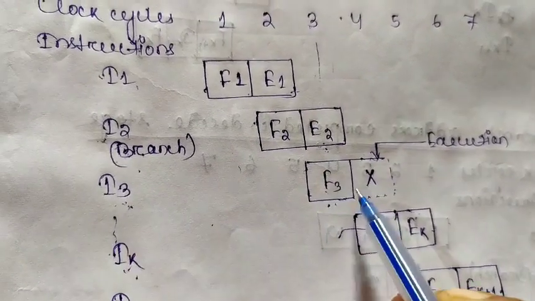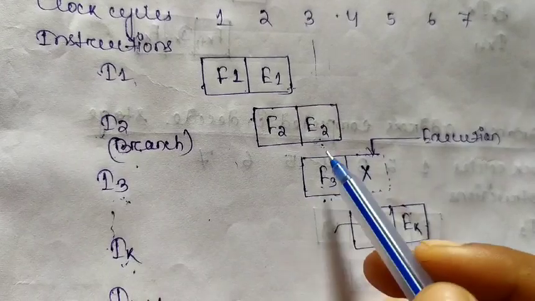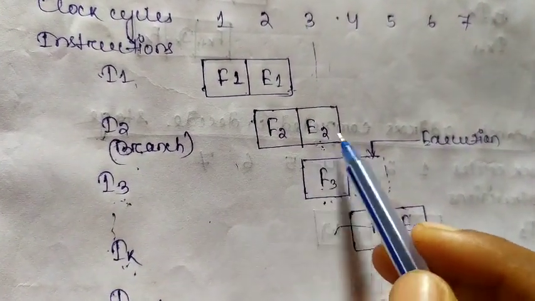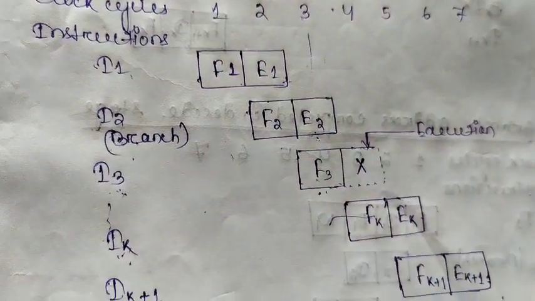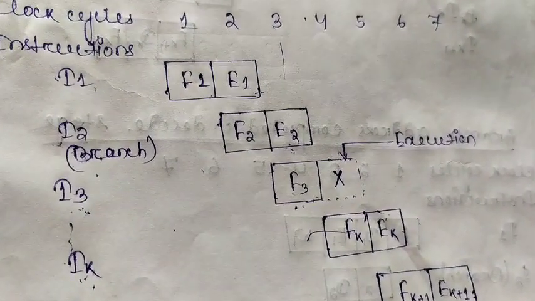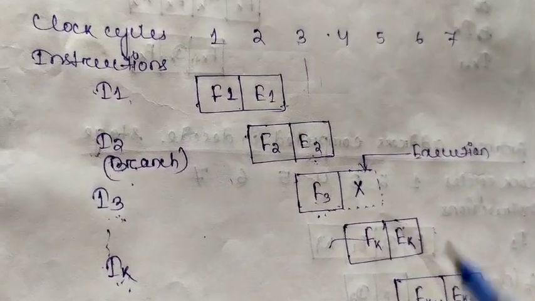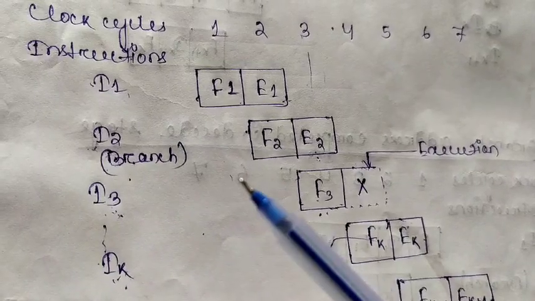But I3 is already fetched because the fetch unit is not able to know that the I2 branch instruction will link with IK. Because the PC is already incremented by 4, it will automatically fetch the I3 instruction as the next instruction.